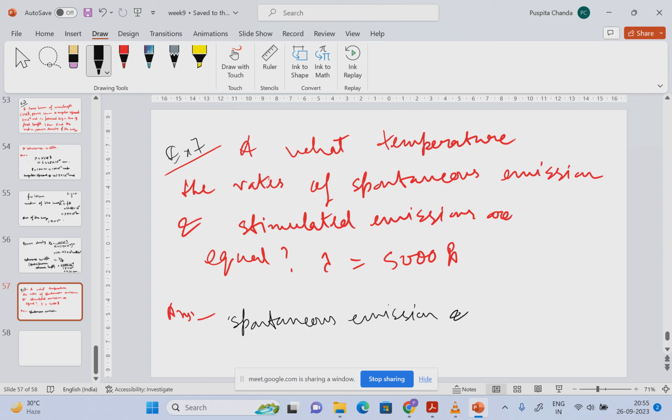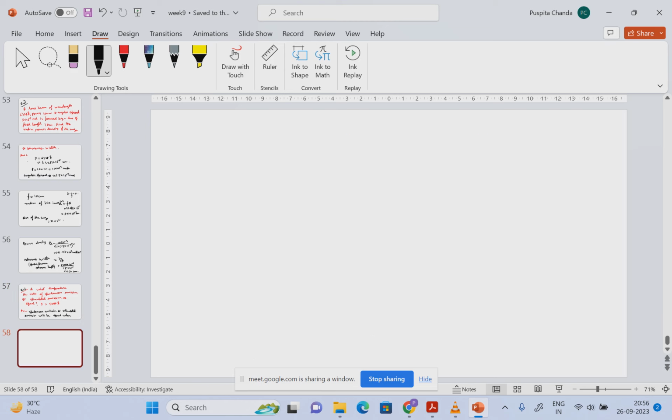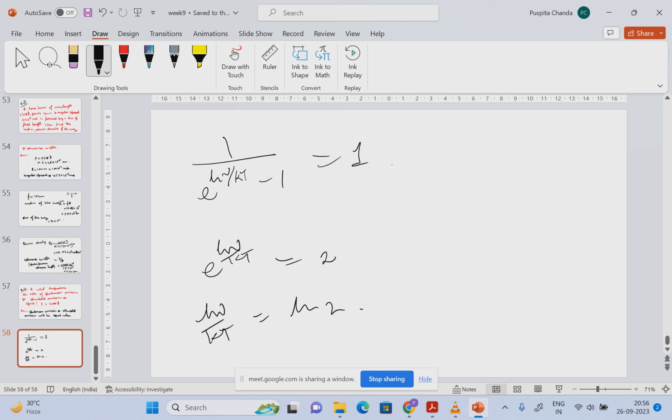Spontaneous emission and stimulated emission will be equal when 1 by e to the power h nu by K T minus 1 will be equal to 1. So e to the power h nu by K T will be 2. So h nu by K T will be ln 2. So h nu will be K T ln 2.